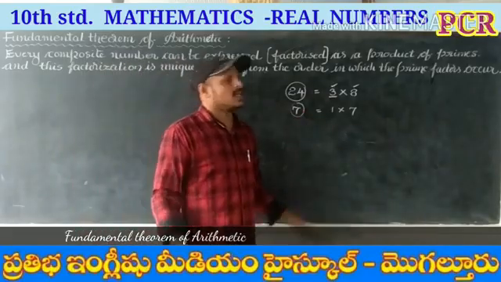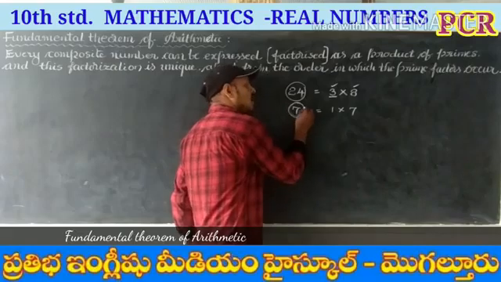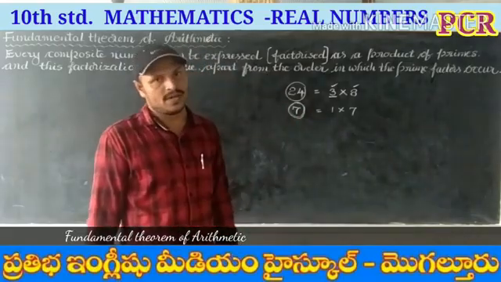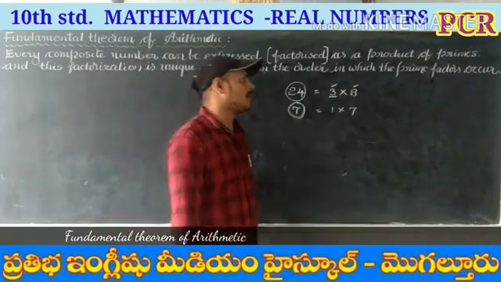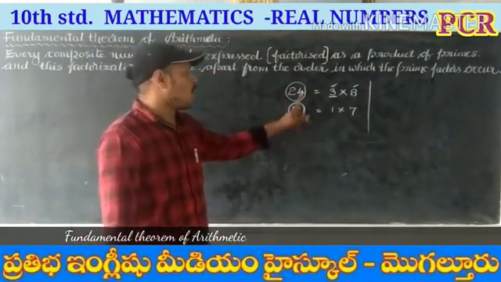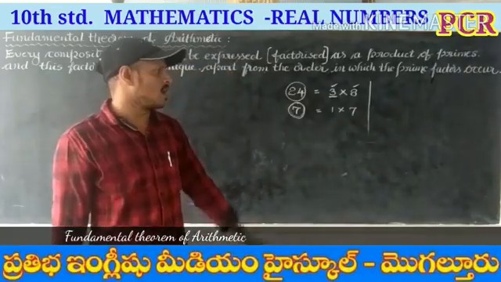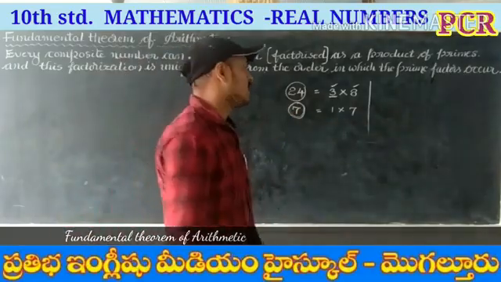We can't write it in any other way. That's why these numbers are called prime numbers. That means the numbers having 1 and itself as the only factors are called prime numbers.